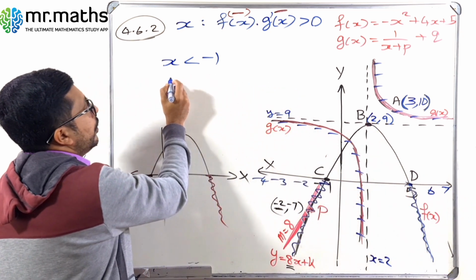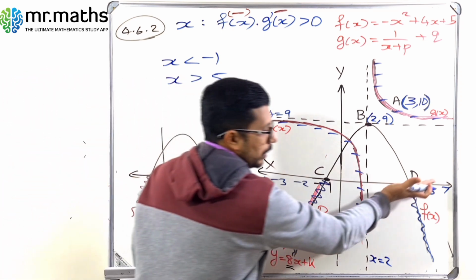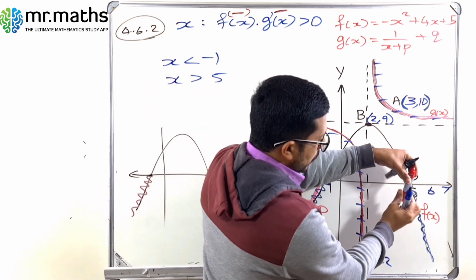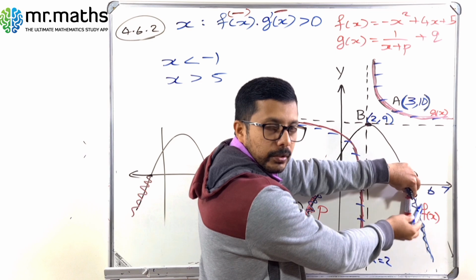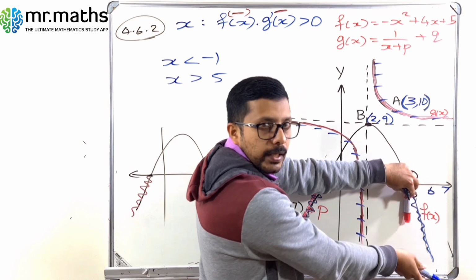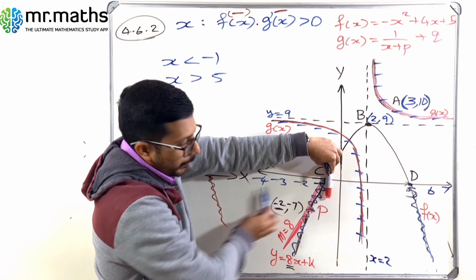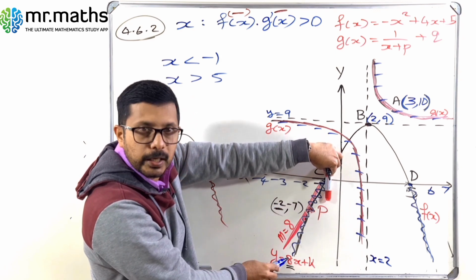So also when x is greater than 5, the parabola is negative. After this 5, can you see that it is negative? You understand? Okay, it is below the x-axis. Similarly, before -1, x is less than -1, can you see that it is negative?